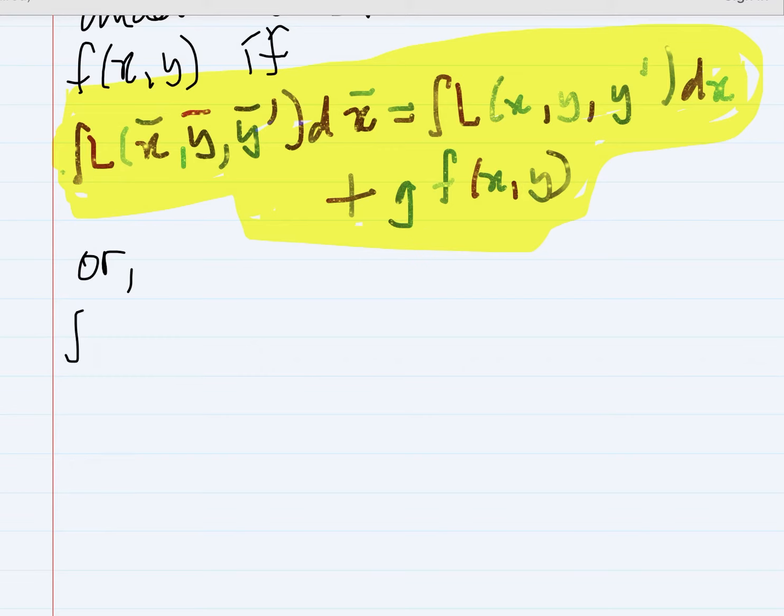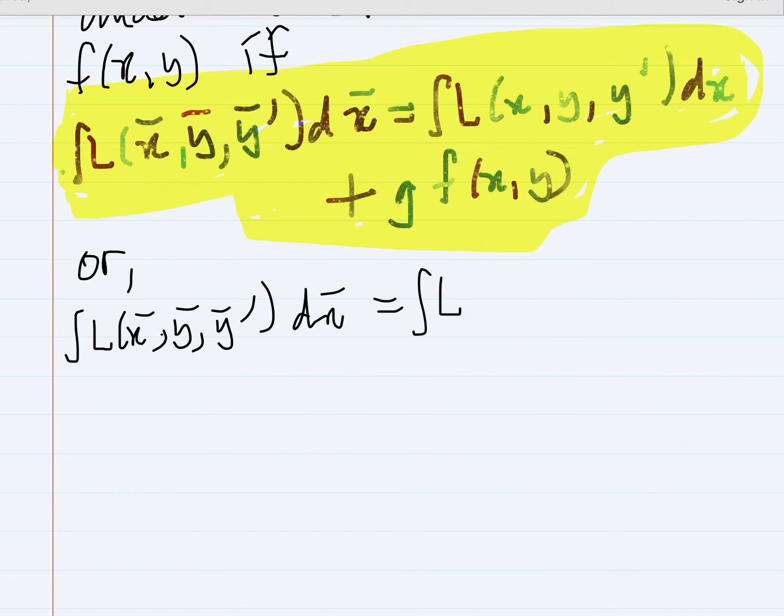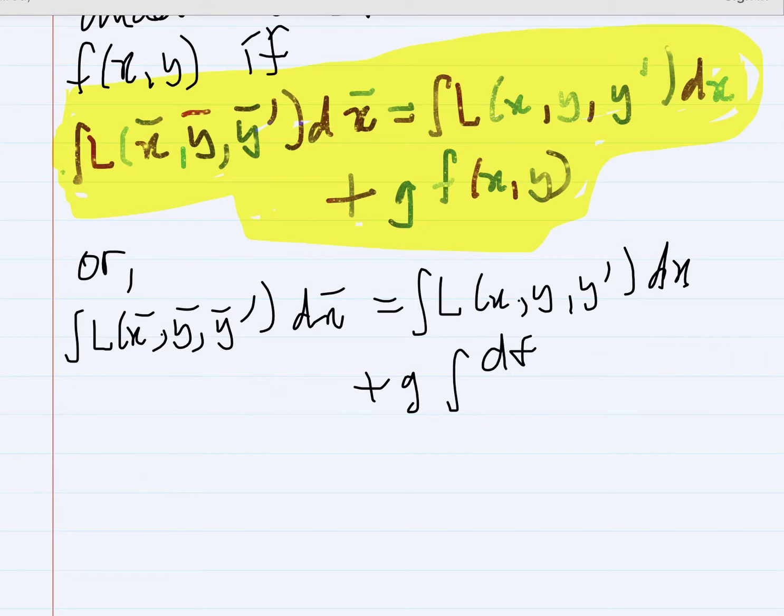The left hand side, the integral of L of x bar, y bar, y bar dashed, dx bar equals the integral of L of x, y, y dashed plus g, the integral of the derivative.